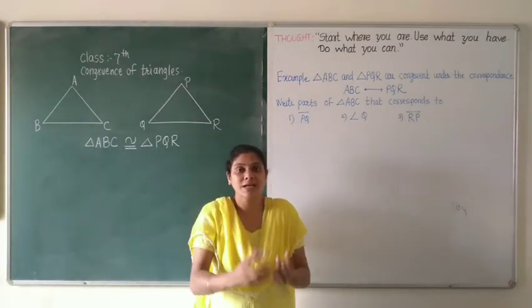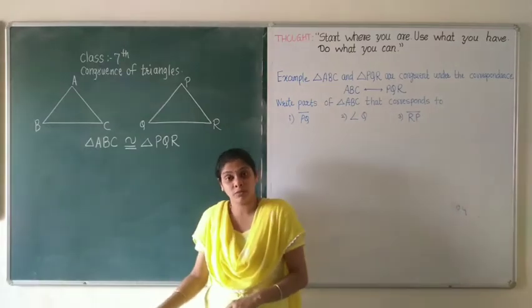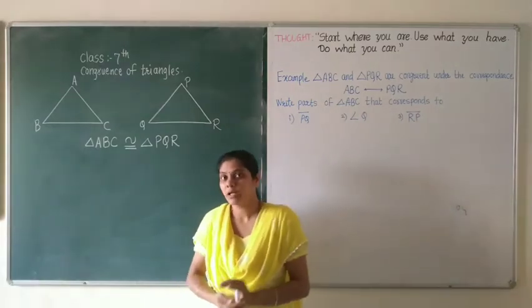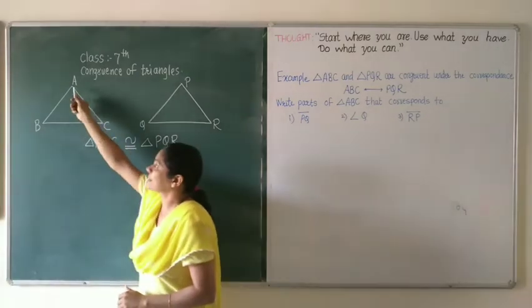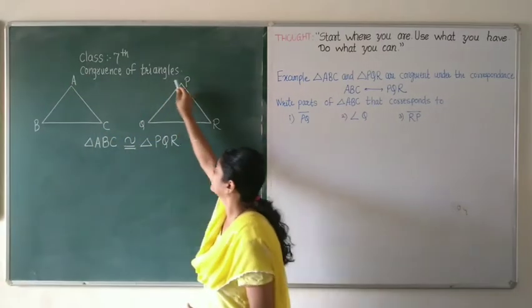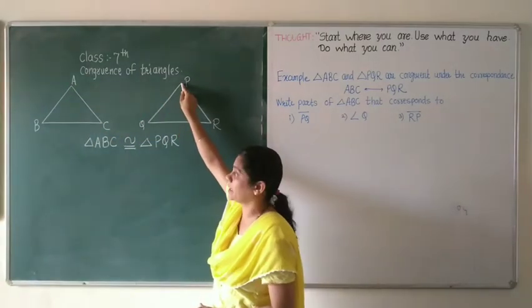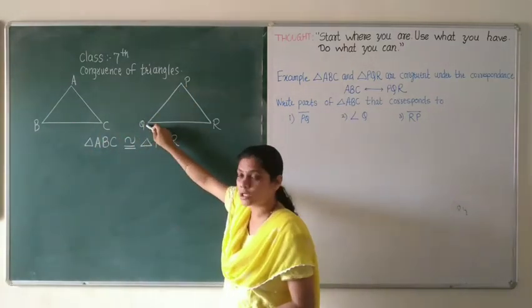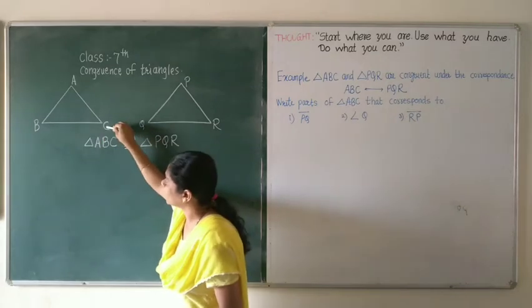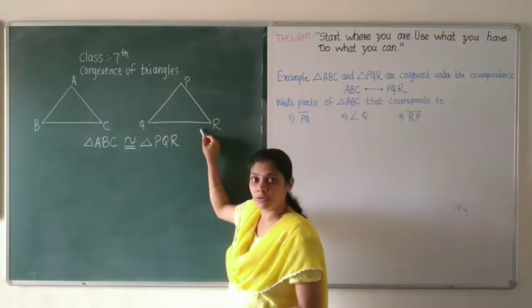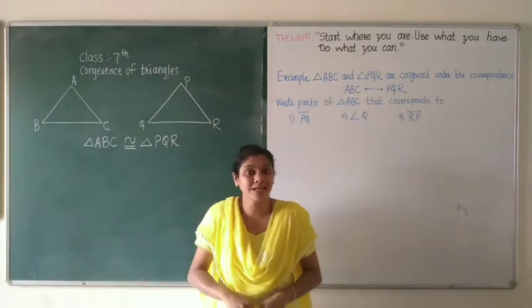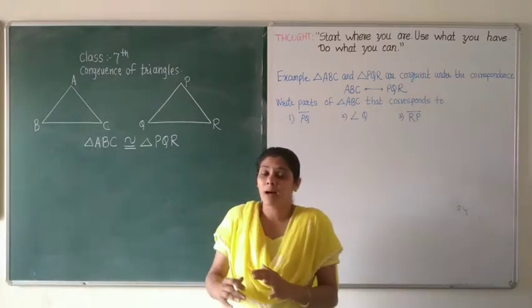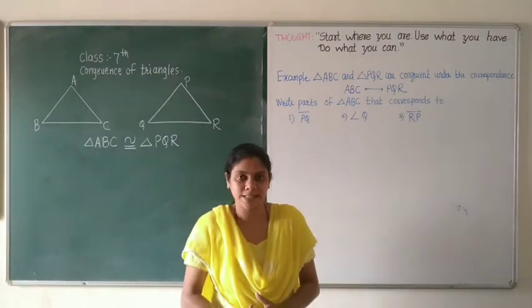Which vertex will fall on which vertex of the other triangle? Look here. Vertex A will fall on vertex P. Vertex B will fall on vertex Q. Likewise, vertex C will fall on vertex R. Very good. This is about the vertices.